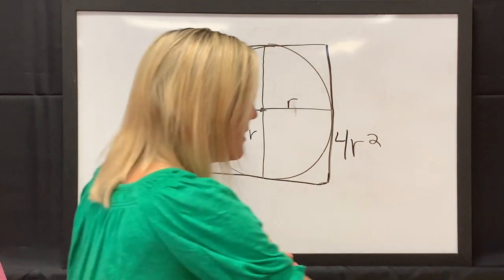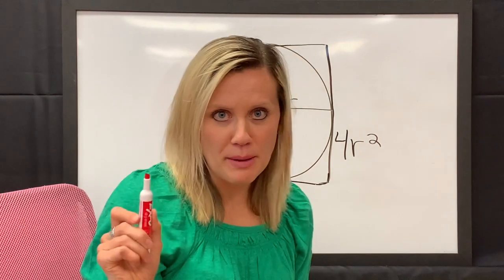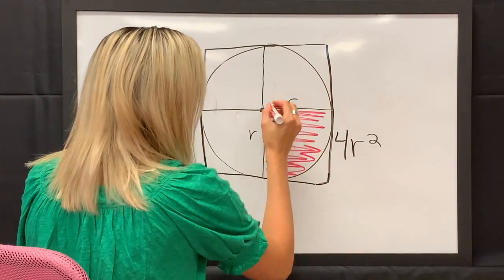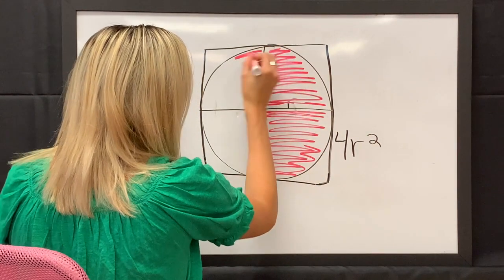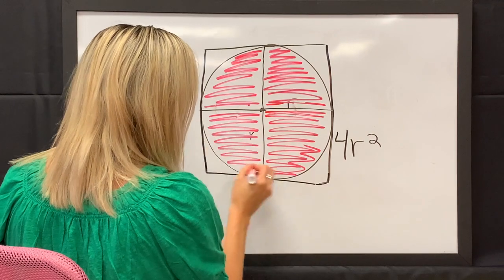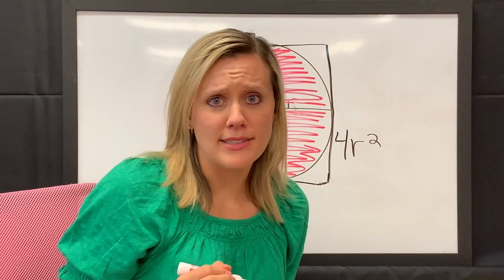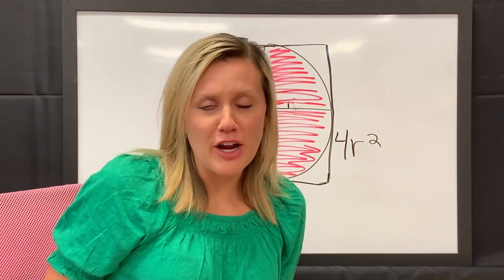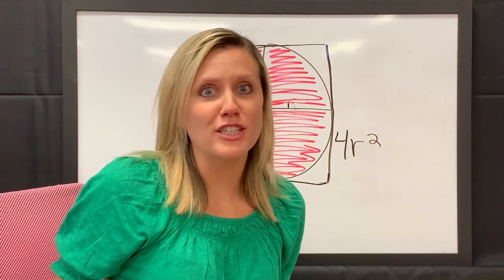So let me draw a little bit more. Fast again, huh? Okay, so I just want to find the area of the red part, or the circle.